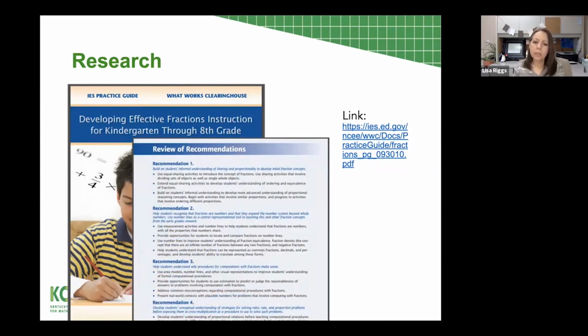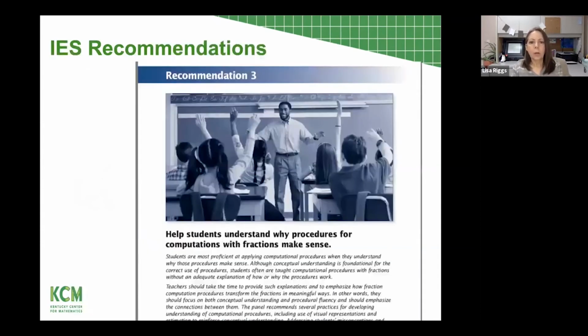Today we'll be focusing on recommendation 3, as we did yesterday, working with those operations. That IES recommendation tells us that helping students understand why procedures for computations with fractions make sense is one of the effective strategies for teaching fractions. So that is going to be our focus.